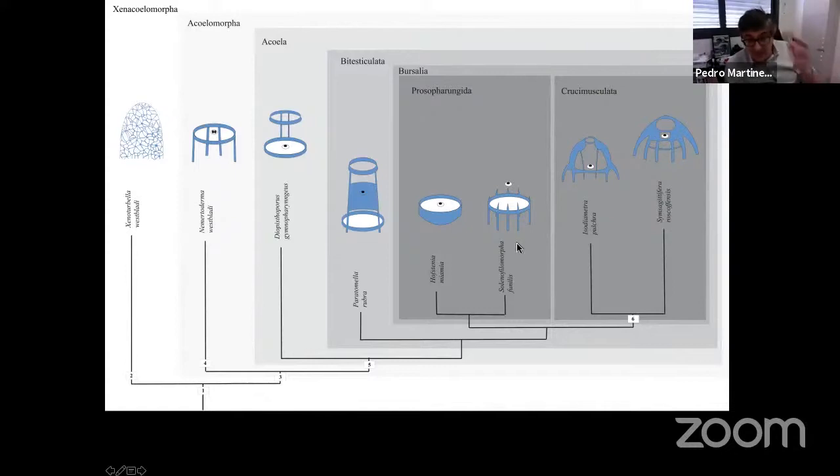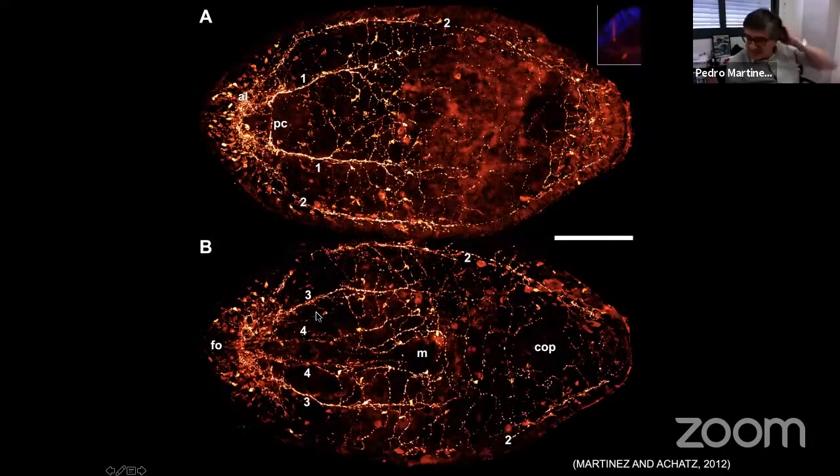Because of this, we wanted to further study how these nervous systems are constructed, because again, you see here the first examples probably of compact brains in any bilaterian animal. So we used conventional methods.